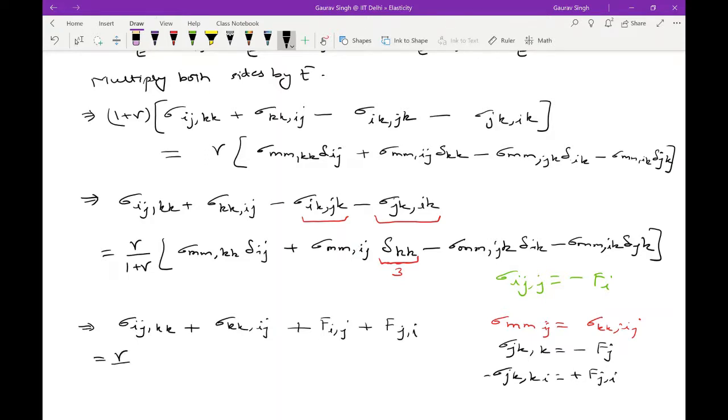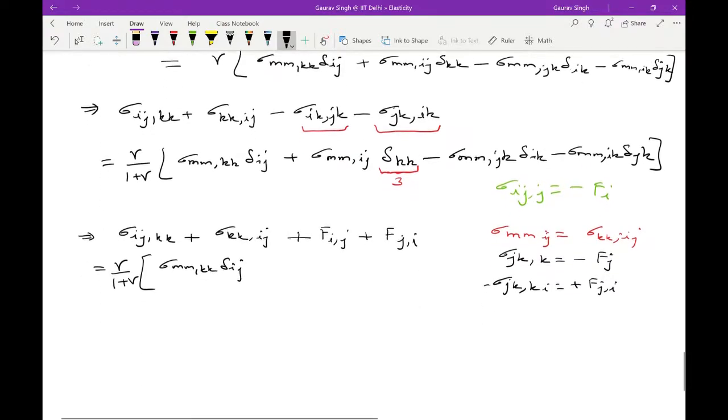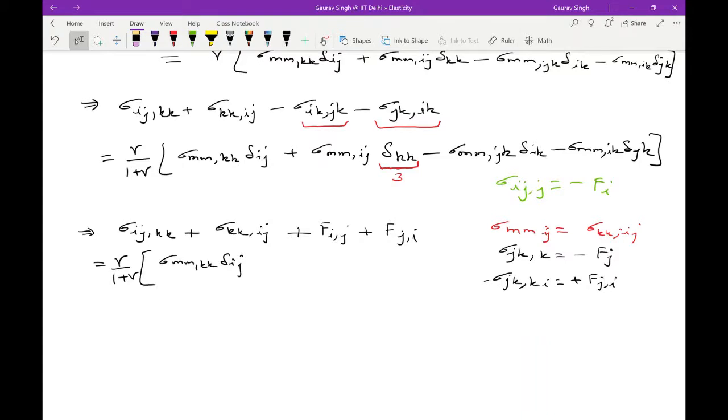This is equal to nu by 1 plus nu sigma comma kk can be left as it is. That would be sigma comma kk delta ij, then plus sigma comma ij is the same as sigma kk comma ij. Remember, this particular term and this particular term are the same, so this we would write as plus 3 times sigma kk comma ij.